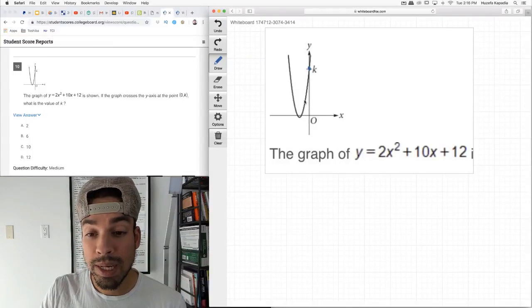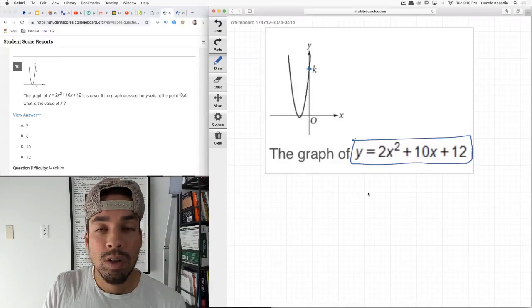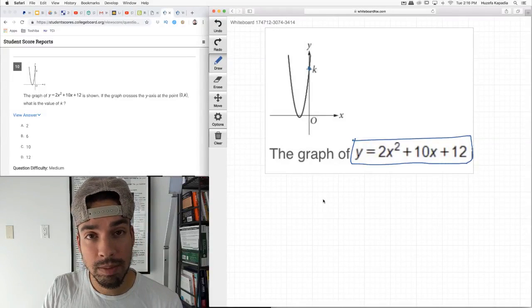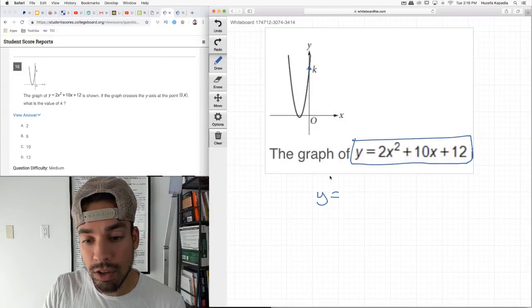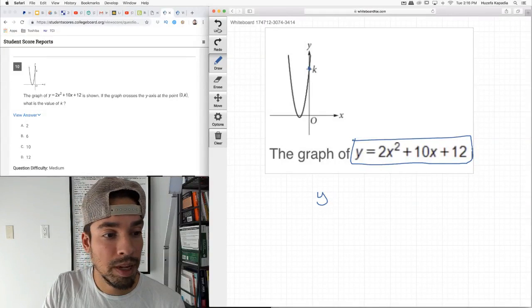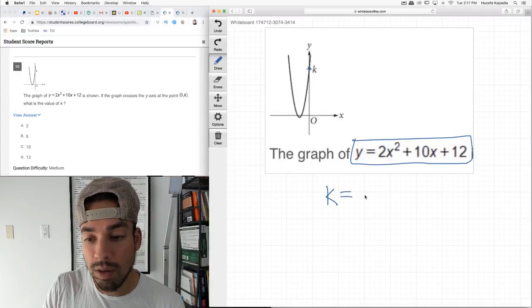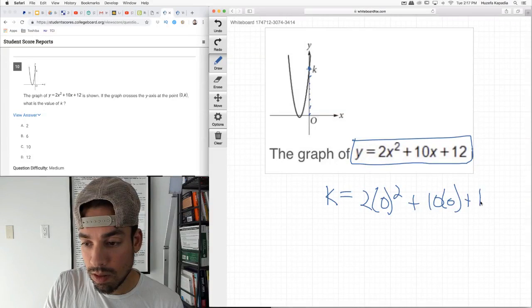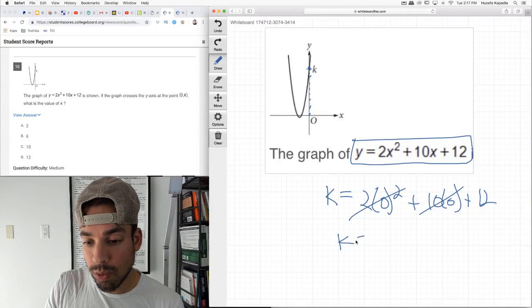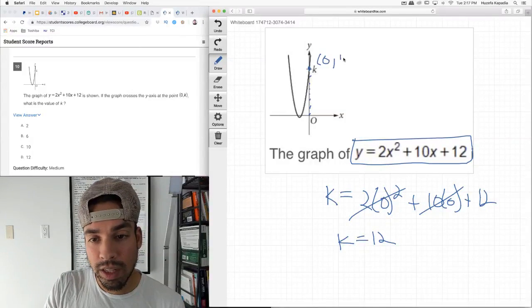Basically, it's asking for the y-intercept. Here's my equation. Y is k when x equals 0. So where x equals 0, I'm going to plug in 0 here. That goes away, that goes away. K equals 12. So that coordinate is 0, 12, and that's it.